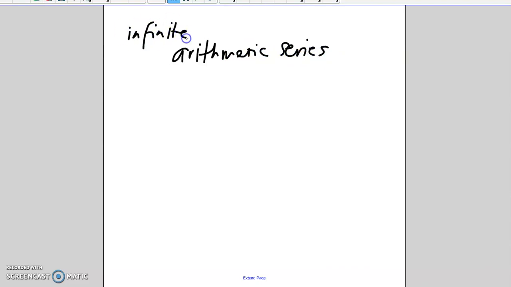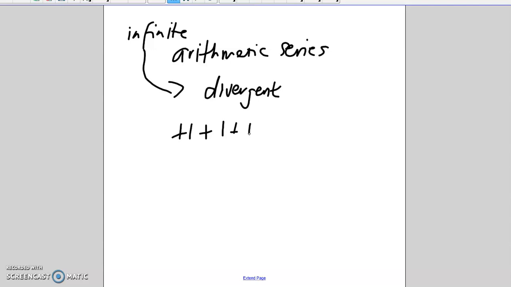So it turns out that for arithmetic series, if they're infinite, then those infinite arithmetic series are all going to be divergent, because no matter what you keep adding, I'm going to tend, as I go to infinity, I'm just going to tend to infinity, and the series sum is not going to exist.